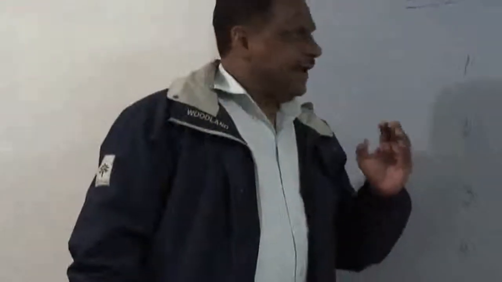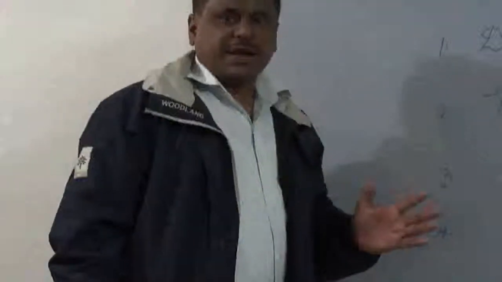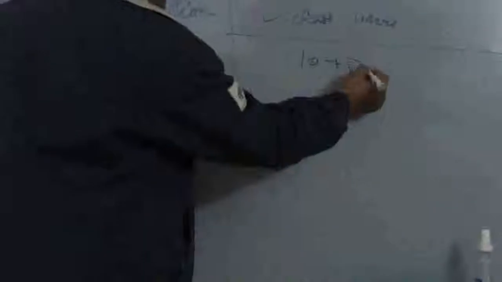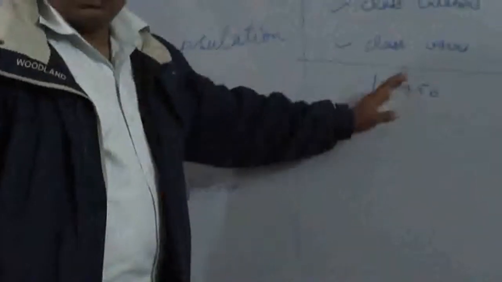Exactly how polymorphism works in object-oriented programming languages like C++, I will show with an example. Suppose I write 10 plus 15. Here the plus operator is being used to add two integer values, right?